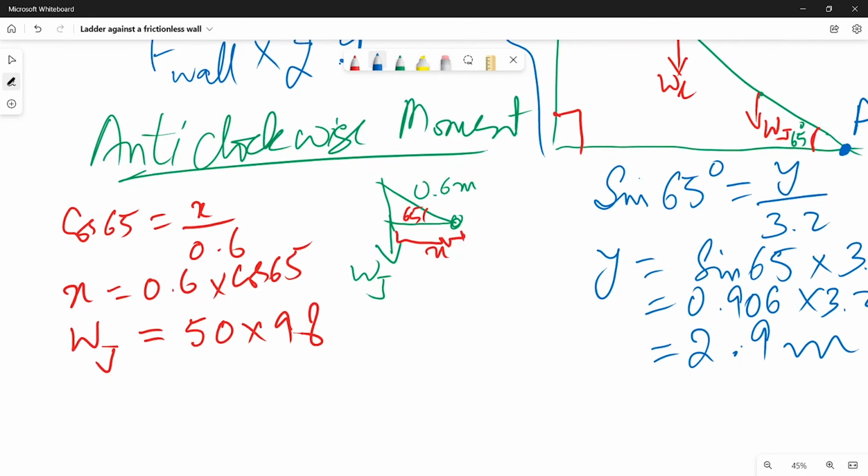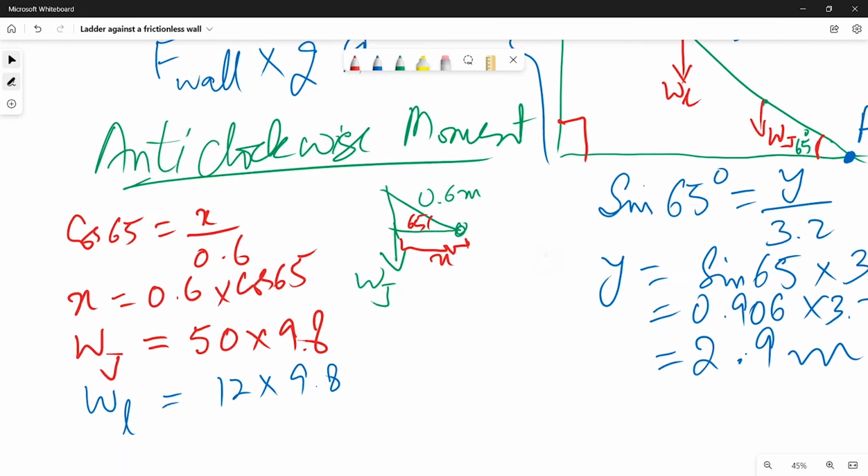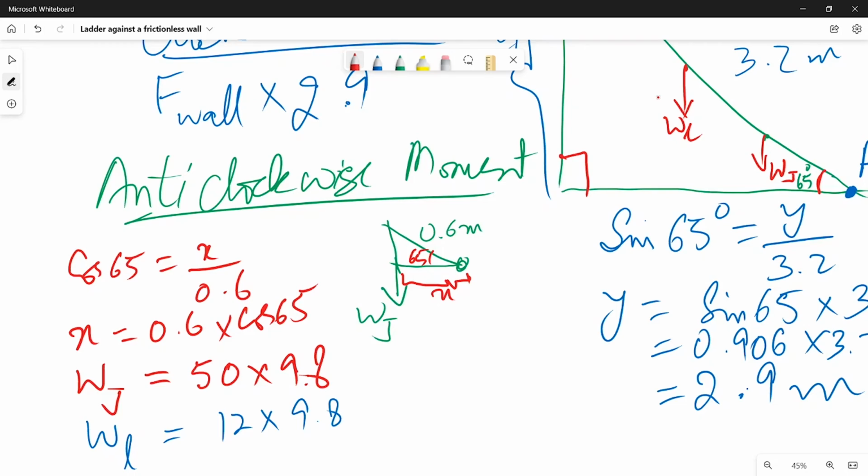So we leave this here and now we calculate for, I just take another color, what is the W ladder? W ladder would be 12 times 9.8. And if I see here again, making a diagram, now this is our W ladder, and the angle is again 65.